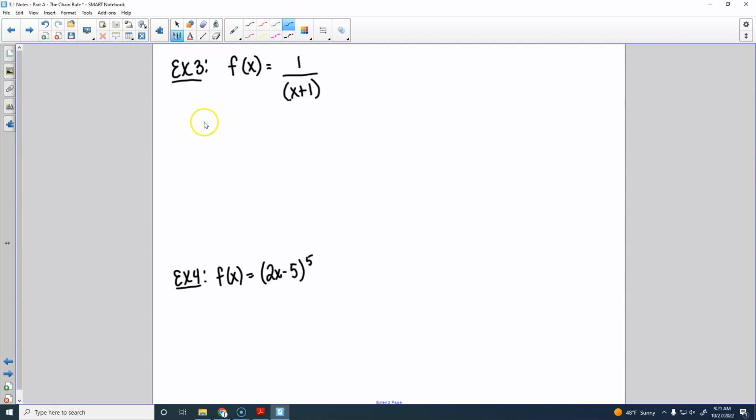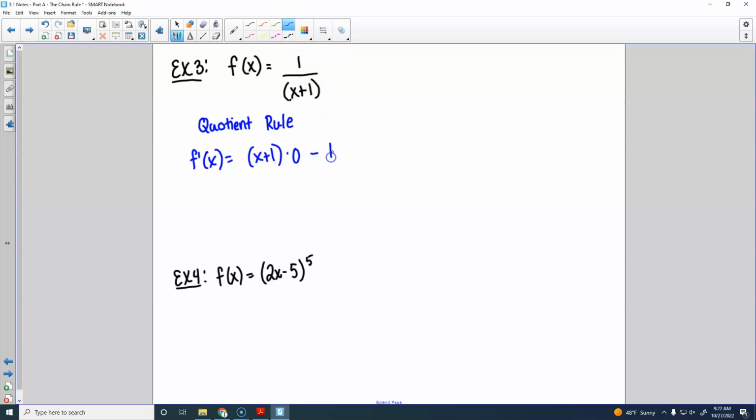But if I do this with quotient rule, then f prime of x, and I should say find the derivative here, I didn't, would be low d high. What's the derivative of the top? 0. Right? This is where students usually mess up on this. They say it's 1 but it's 0.